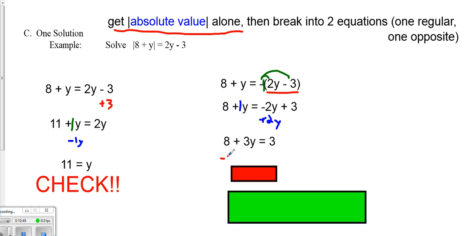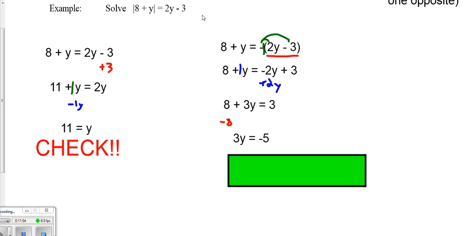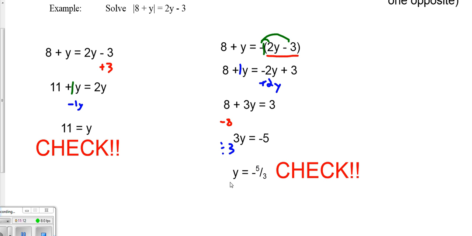And we'll get rid of our extra 8 here by subtracting 8 on both sides. So 3y left over here equals negative 5. 3 minus 8 is negative 5. And the last thing we'll have to do is divide everything by 3. And we get y equals negative 5 thirds. We'll have to check that as well.